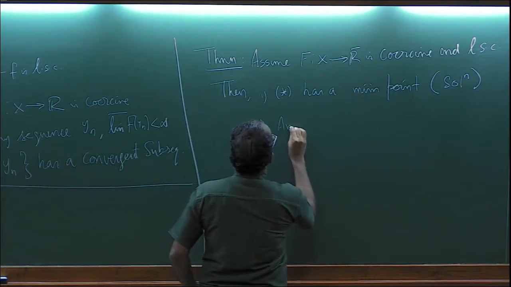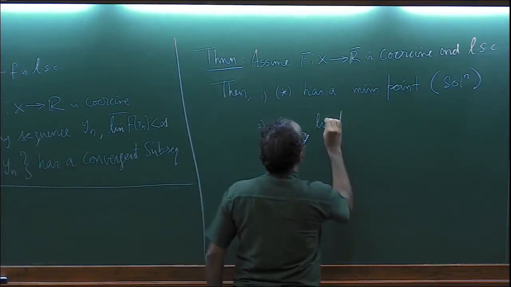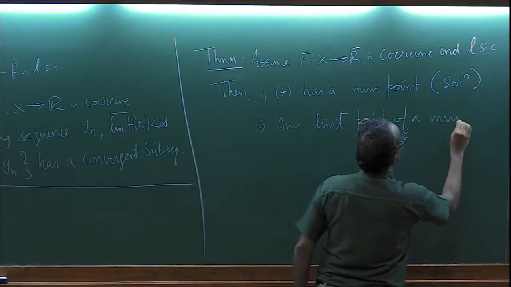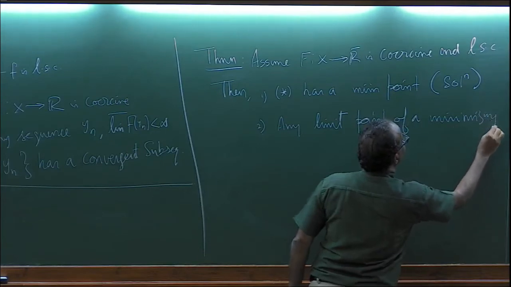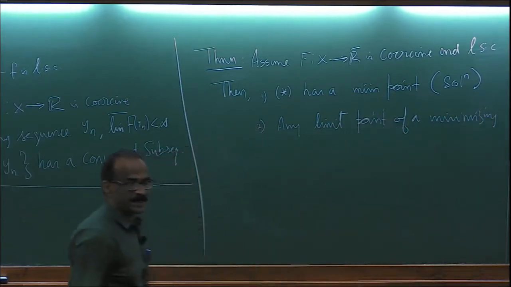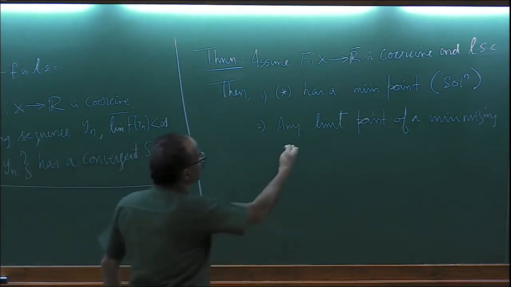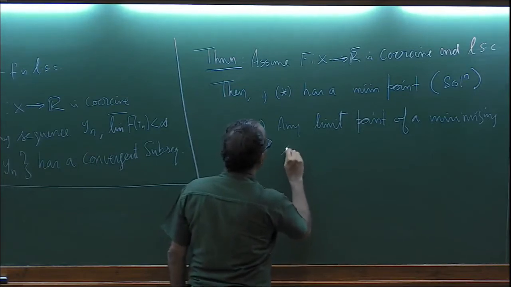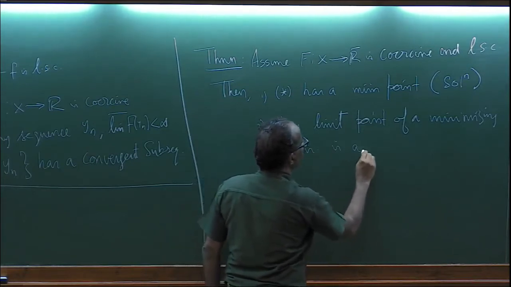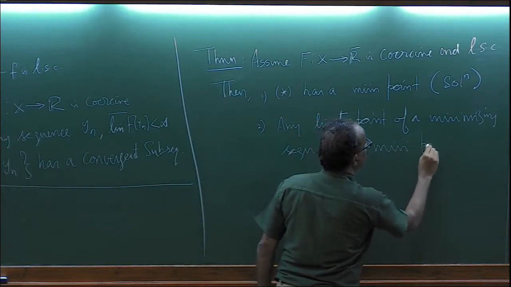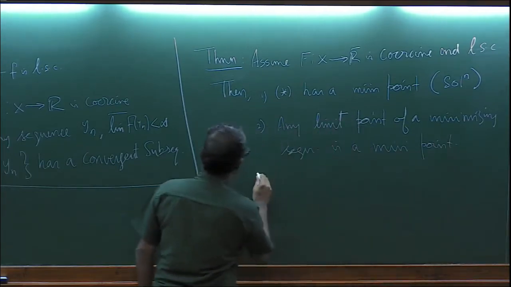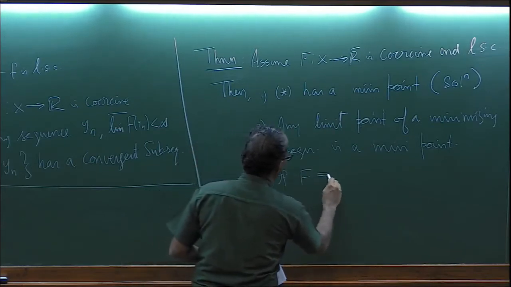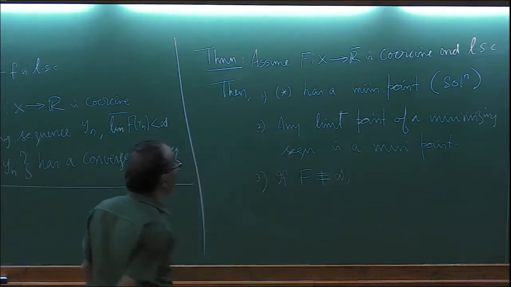Any limit point of a minimizing sequence, call it a limit point or a cluster point, whichever notion you are looking at, because this minimizing sequence may not converge, so look at all the limit points of a minimizing sequence, is a minimum point. And third, of course, if F is identically infinity, nothing to do.